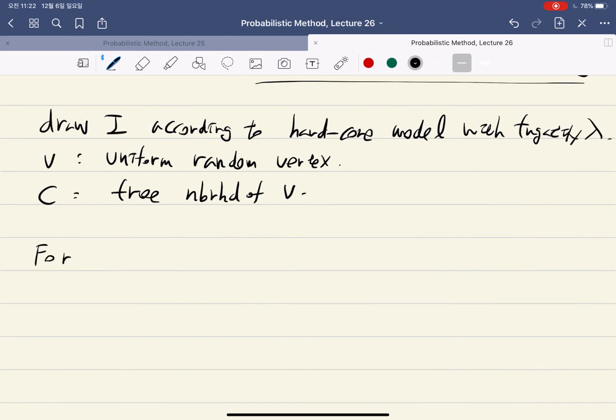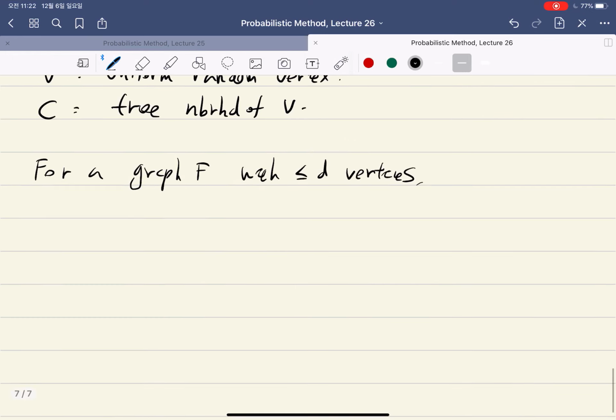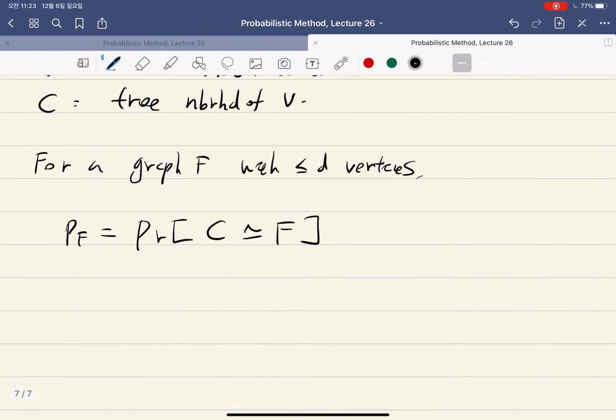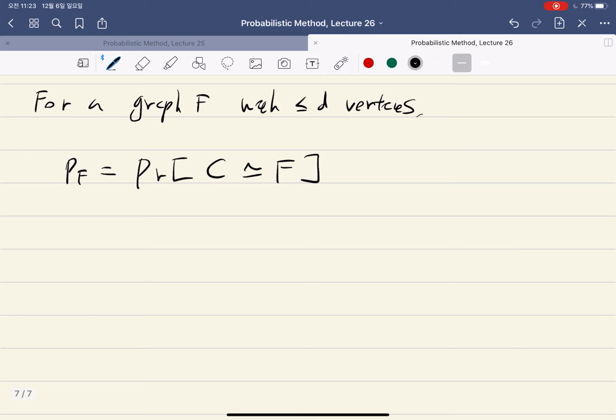And for a graph F with at most D vertices, we write P of F for the probability that this C is isomorphic to F. So the free neighborhood of V is a random variable, so that for a specific graph F, we can find this probability where C is isomorphic to this F.